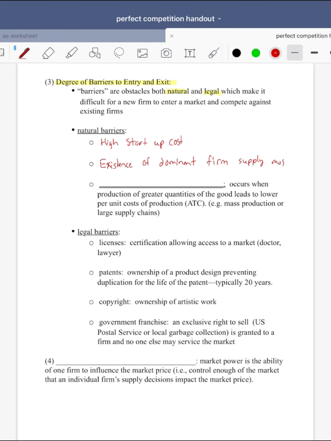We can also look at the existence of a dominant firm already supplying most of the market.